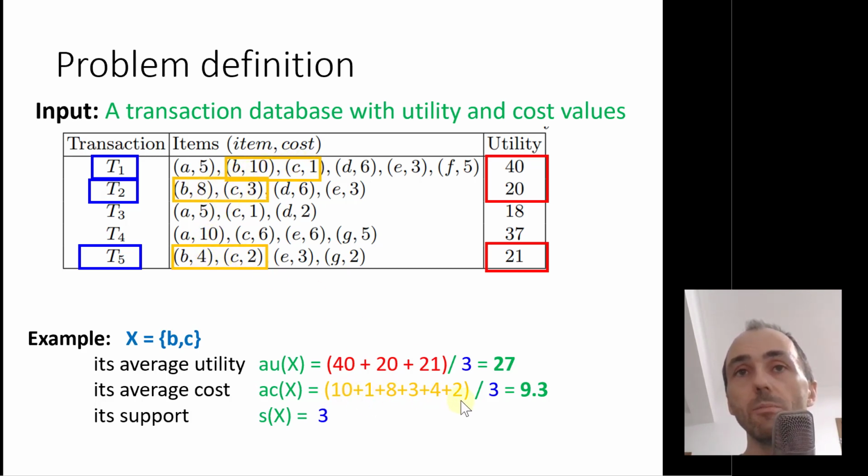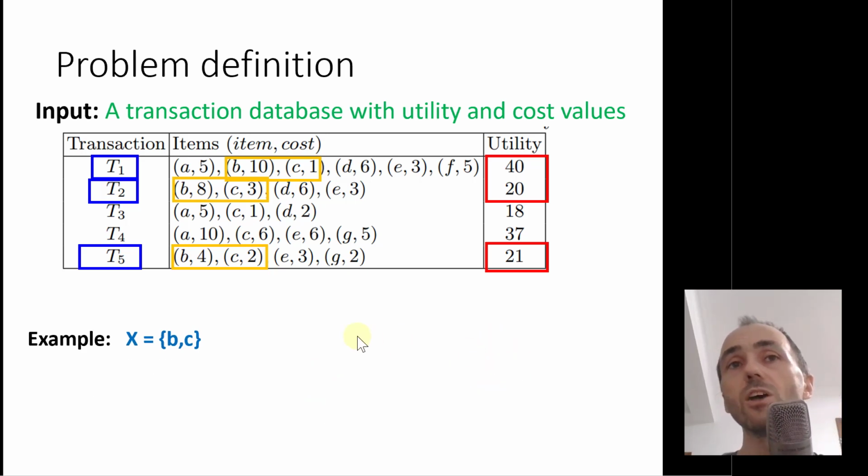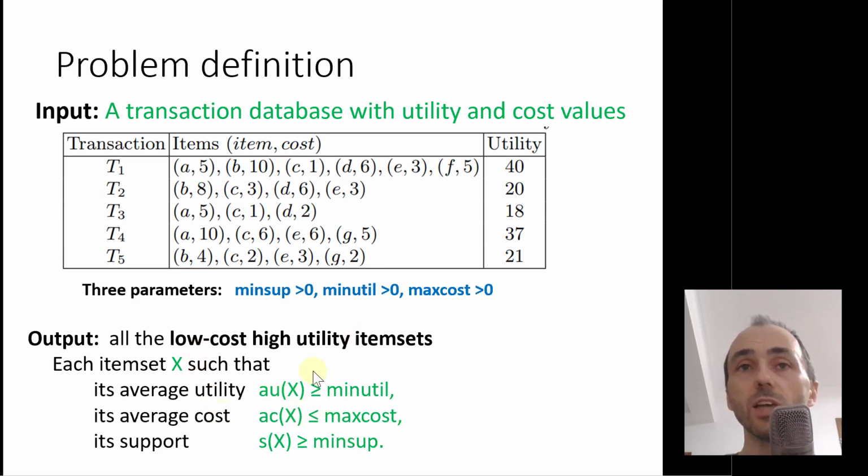We do the sum divided by the number of transactions. So that means on average, the people who do the activities BC spend 9.3 minutes and get an average grade of 27.